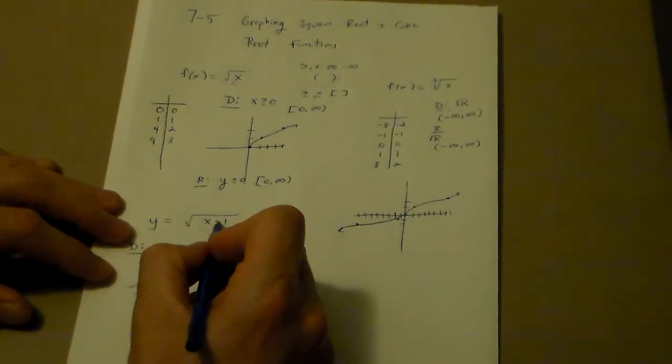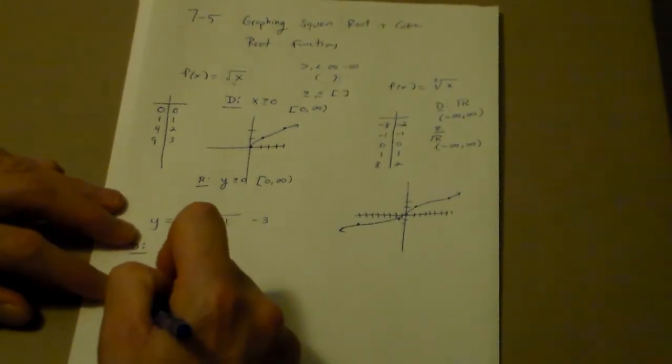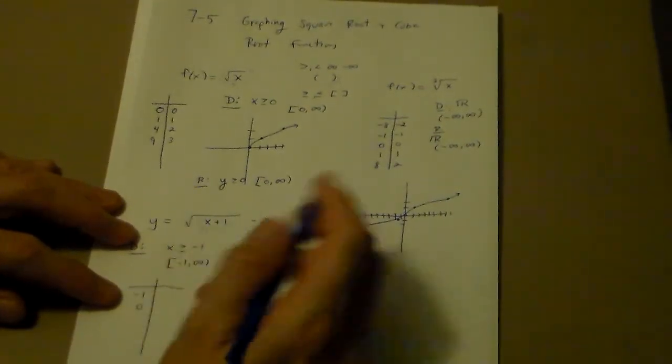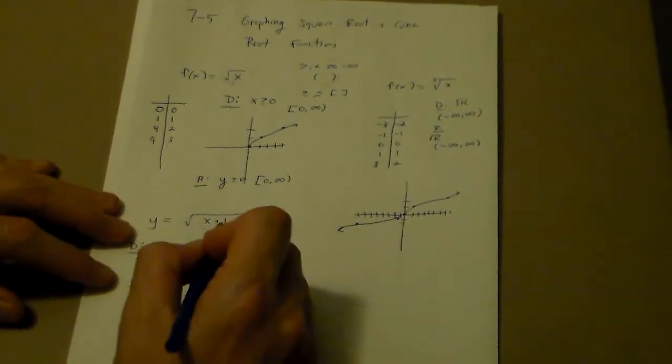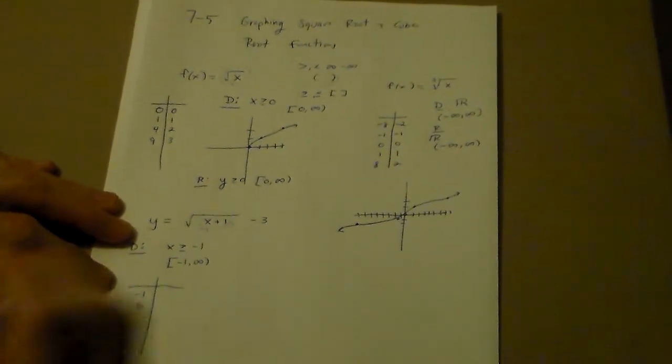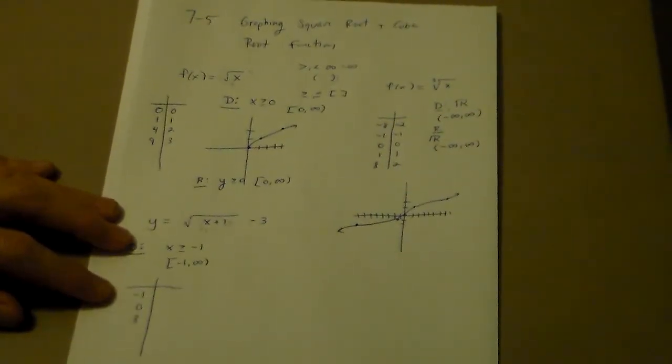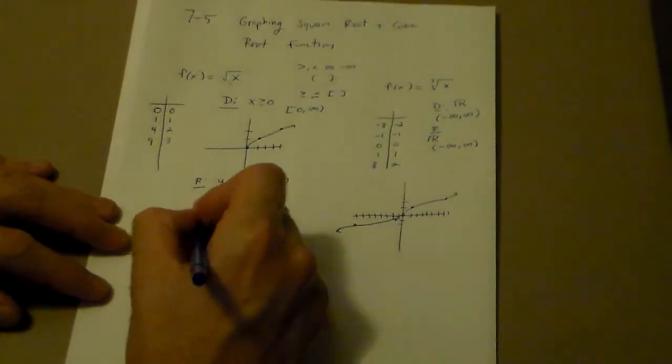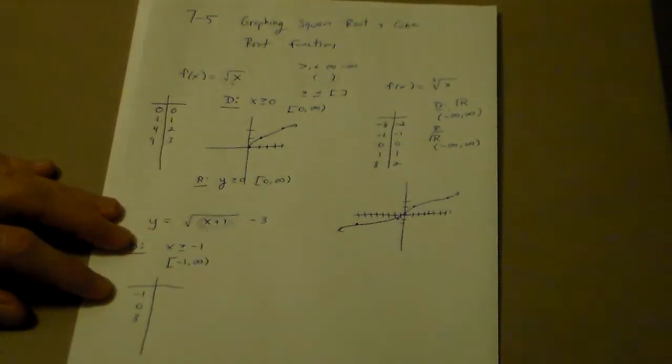So if I want to make this 1, I'm going to plug a 0 in, because 0 plus 1 is 1. Now the next number I want this to be is a 4. So that means that x has got to be 3, right? And I want this to be a perfect square, 9, so I make this 8.